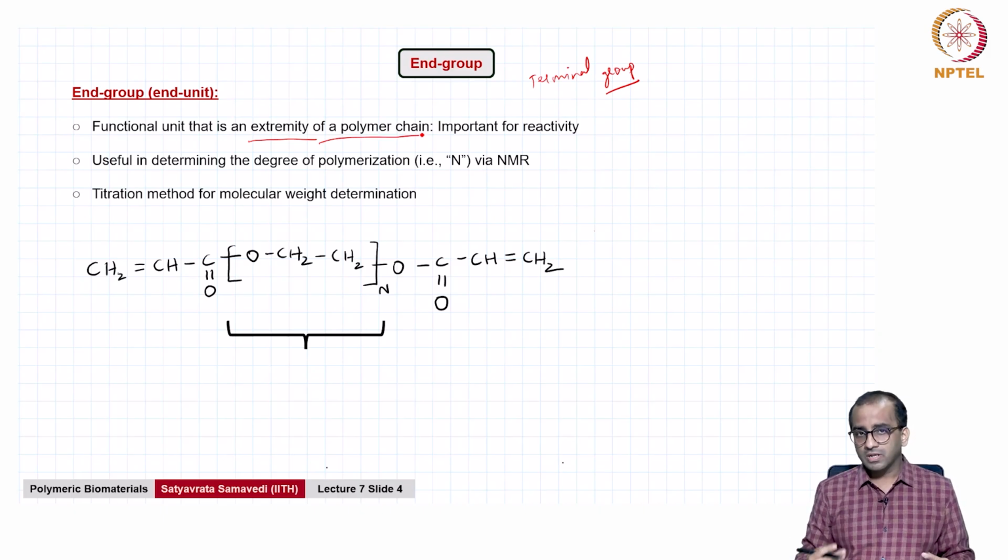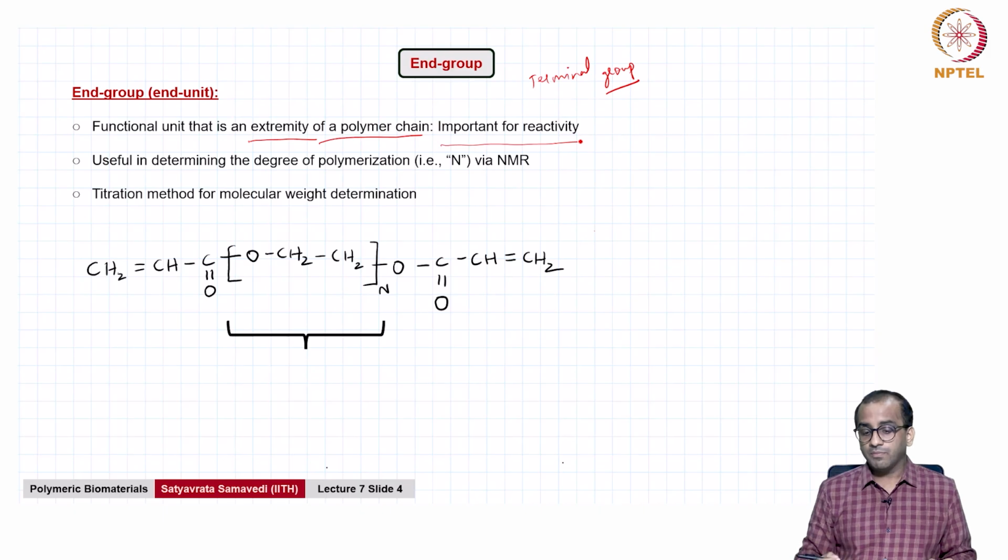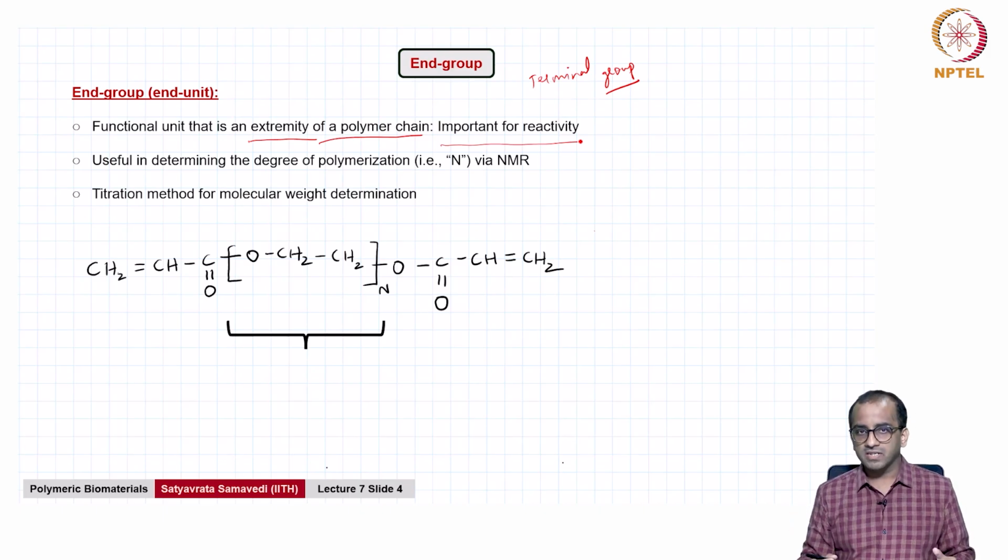So you notice that it was important for us to define the chain or the backbone first, because everything else, end group and later on side group, etc., will be defined in relation to the backbone itself. The functional unit becomes very important for reactivity. The end group that is there for a polymer, if it has a certain functionality, it can react in a very specific way, and we will look at an example very shortly.